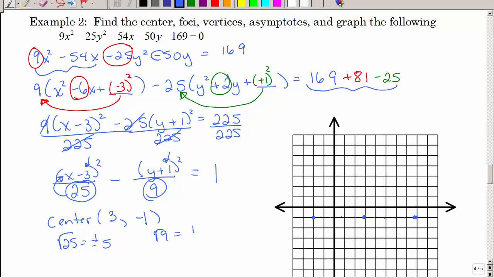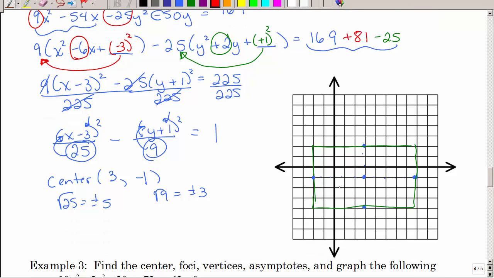Square root of 9, and again that's underneath y, so I'm going to go up 3 and down 3. I'm not in ellipse land, so I need to draw my rectangle. Then I need to graph my asymptotes. Remember, I want to go through the center and the corners of the rectangle and beyond.